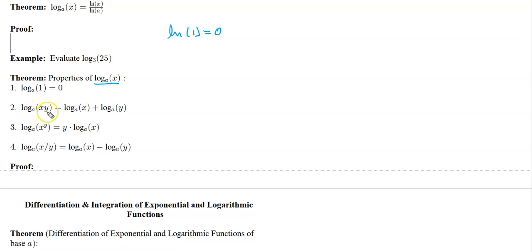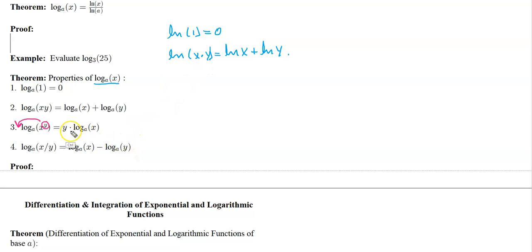Log base a of x times y is log base a of x plus log base a of y, just like the natural logarithm. Log base a of x to the y power is y times log base a of x. So in other words, you can drop this y out of the exponent just like you do for natural logarithms. And log base a of x divided by y is log base a of x minus log base a of y, just like the natural logarithm.